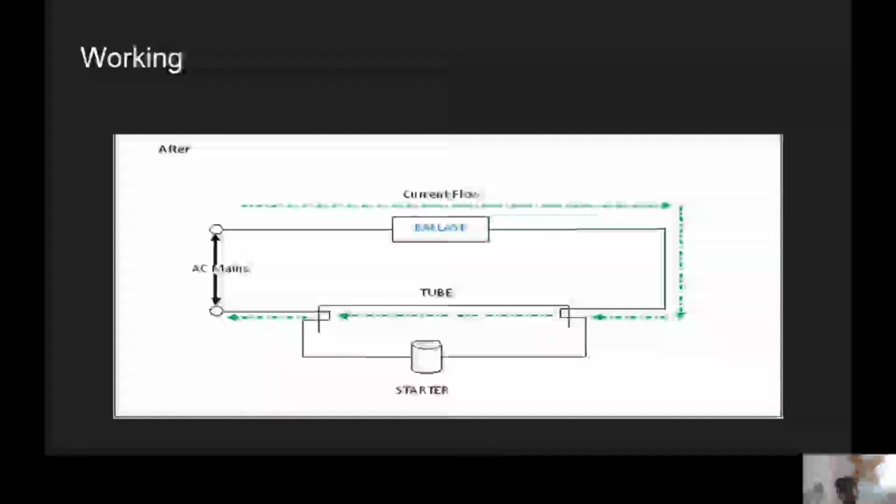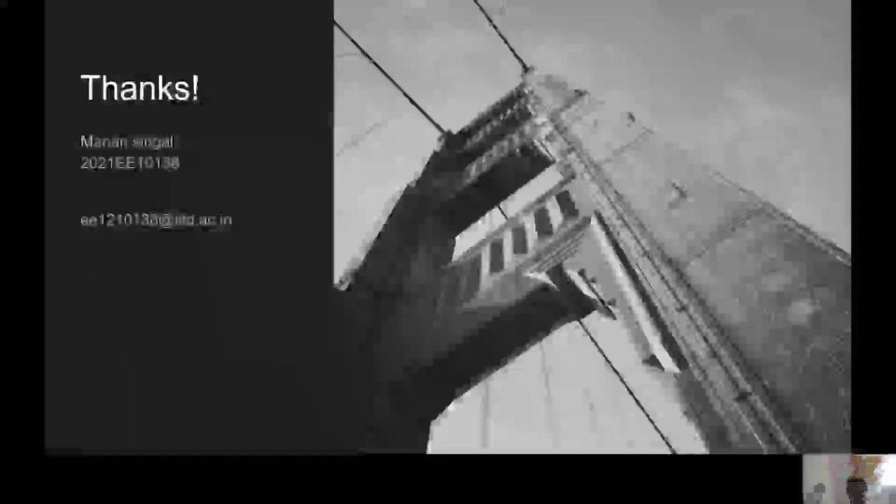If the ballast is not there, that is, if we somehow power the tube with a Tesla coil, then the tungsten filaments will heat up the gases inside and reduce the resistance until it bursts. So it will lead to the destruction of the tube. Hence, the ballast is needed for limiting the power and current for the tube.